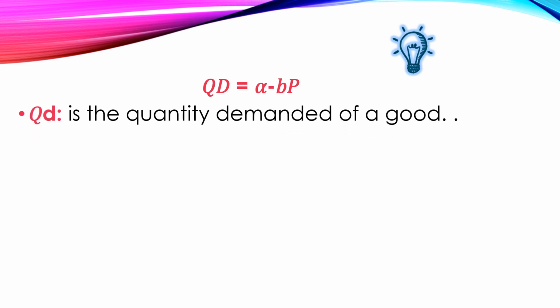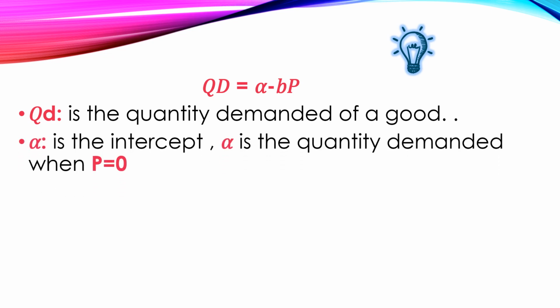The demand function is QD equal A minus BP. QD is the quantity demanded of a good. A is the intercept or a constant, which refers to if price equals 0, quantity demanded equals the intercept A. Negative refers to the negative relationship between quantity demanded and price.